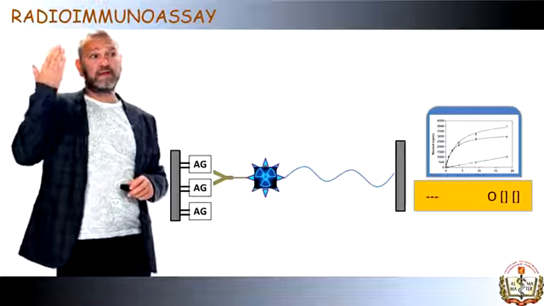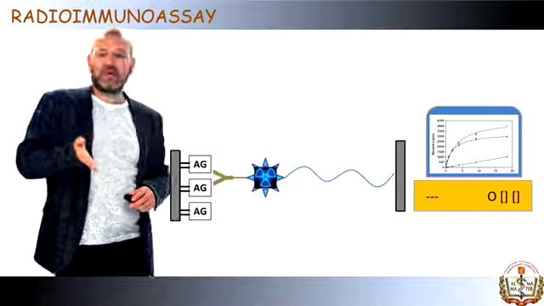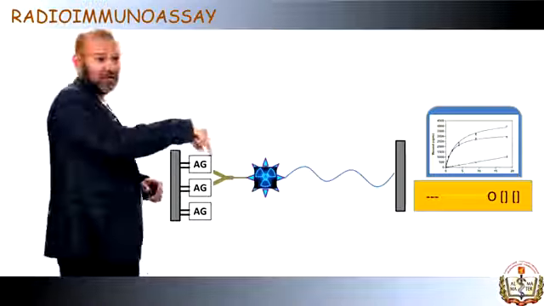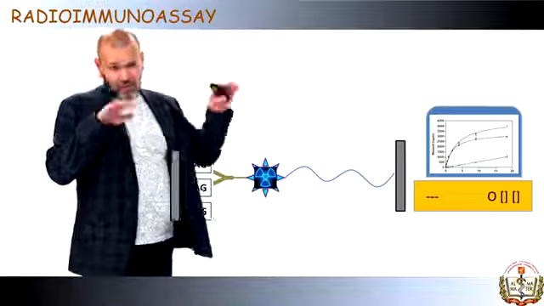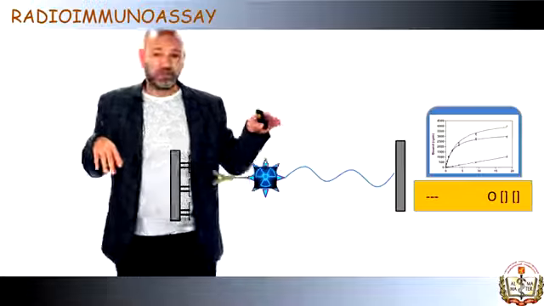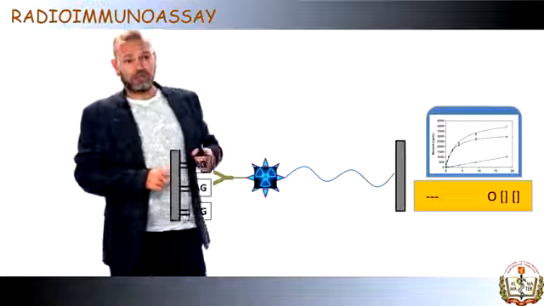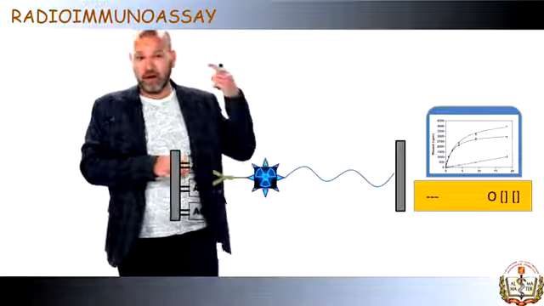You can see radioimmunoassay. The idea is the same as ELISA, but with one significant difference. The label here is not an enzyme, it is a radioactive isotope. More often, iodine-125 is used. Of course, the amount of signal is measured in a gamma counter, not a spectrophotometer, not your eye.